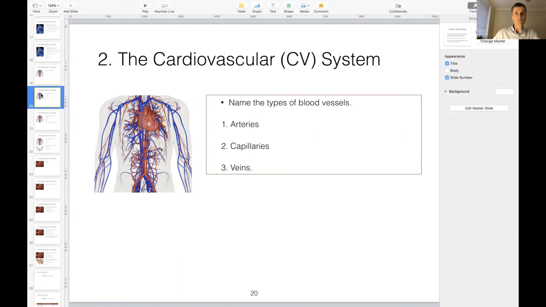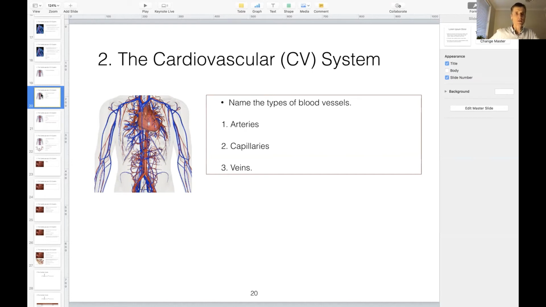So if you were to name the three types of blood vessels, I'm sure you would have come up with this answer. There are arteries, capillaries, and veins. There are also arterioles, which are part of the arterial circulation, and there are venules, which are part of the venous circulation.